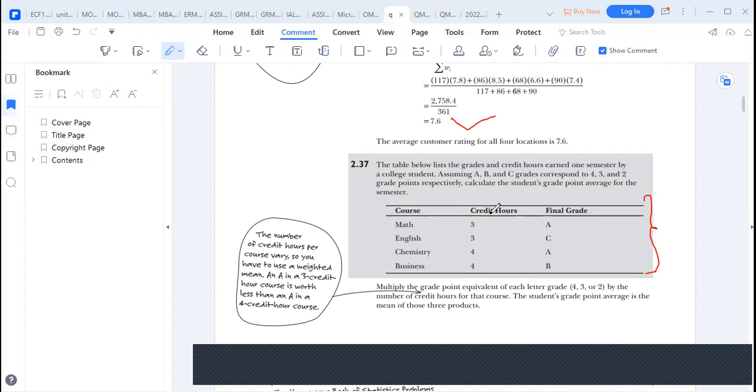So credit hours in math is 3, grade A. English 3, final grade C. Then chemistry 4, A. Business 4, B. Now we need to assign the equivalents. A is what? A is 4, so put 4 where there's A. Then B is 3. Then C is 2.